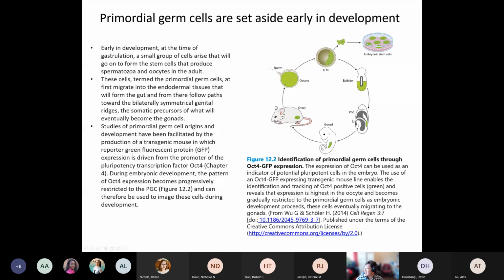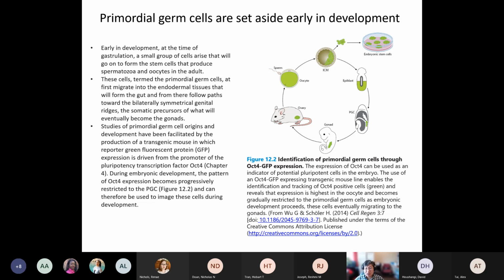During gastrulation, the left will be the anterior region, while the right will be the posterior region. At the back of the embryo, we call this line the primitive streak. At the top of the primitive streak, there are about six cells already set aside. And these 6 cells are called primordial germ cells.